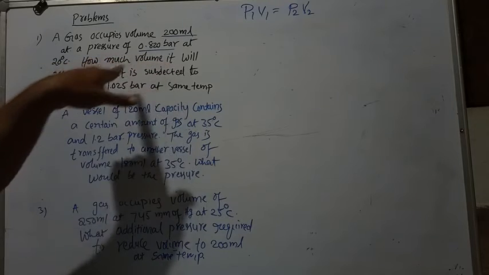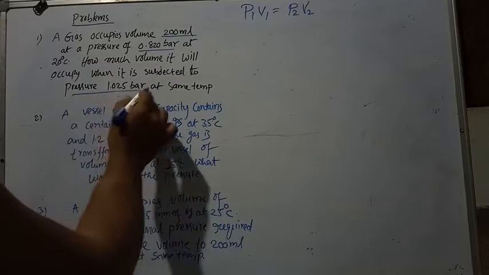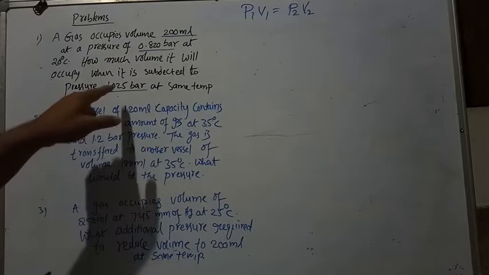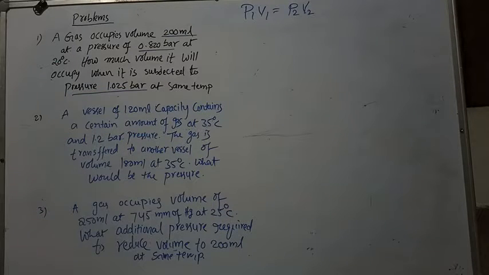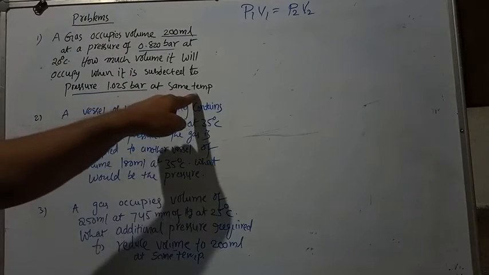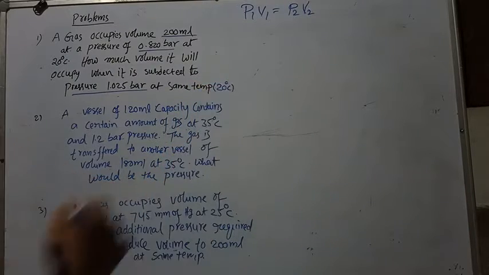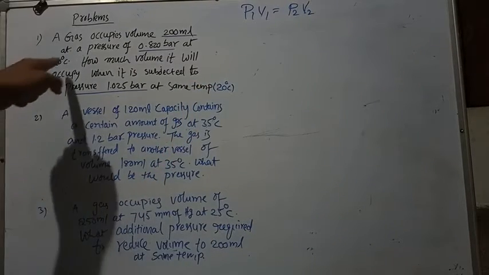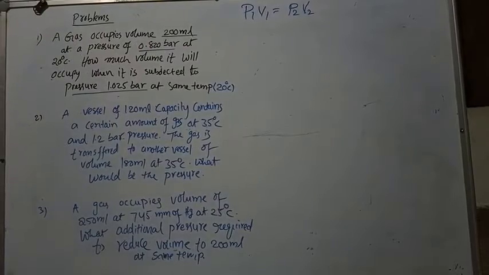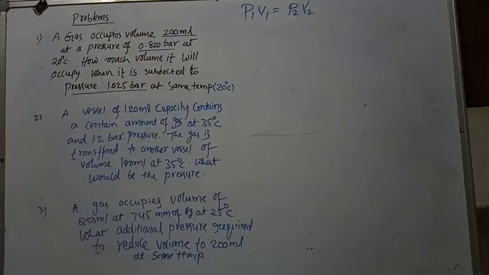How much volume it will occupy when pressure is increased to 1.025 bars, at the same temperature. Here temperature will be 20 degrees Celsius. Okay, so here constant temperature is given. Constant temperature, so pressure and volume terms, they are asking that.